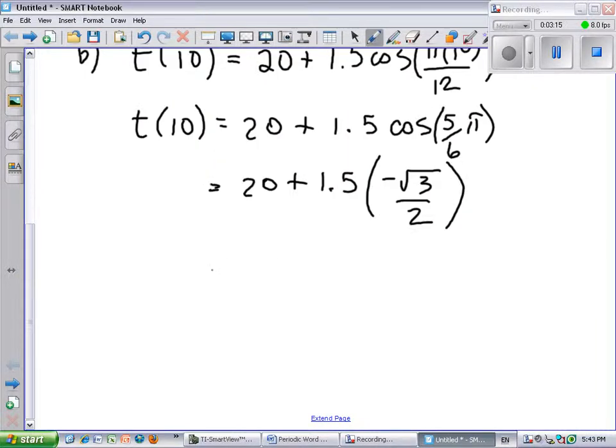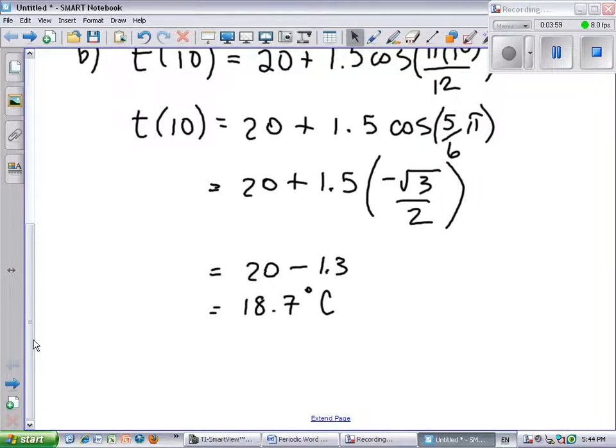Equals 20 plus, let's get our calculators out and change this to a decimal. So that's 1.5 times root 3 divided by 2. So that's 20 plus a negative 1.3 rounded off. So that equals 18.7 degrees Celsius.